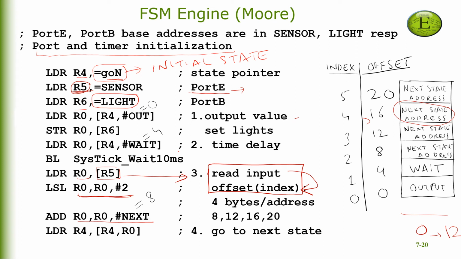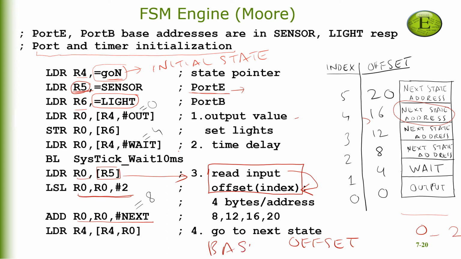At this point, remember, the important thing to understand over here is that R0 contains the offset address. And then to calculate the complete address, you need to add base to the offset.